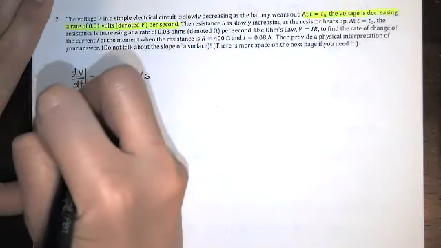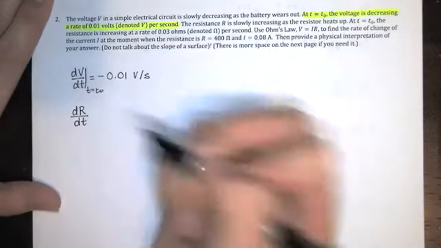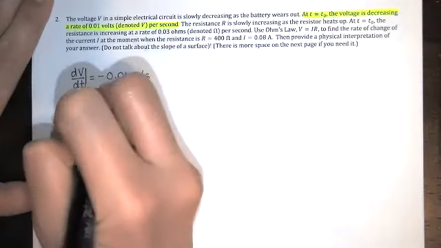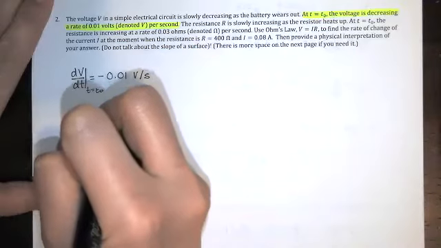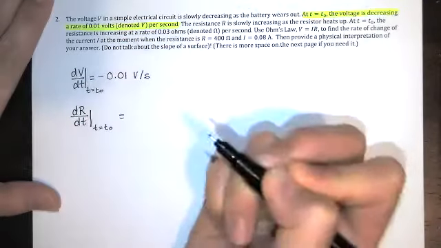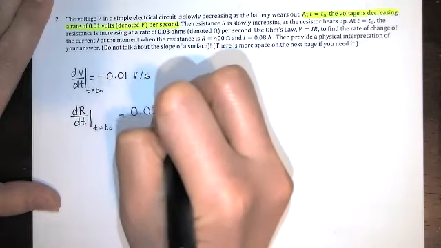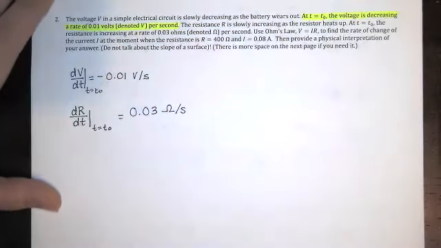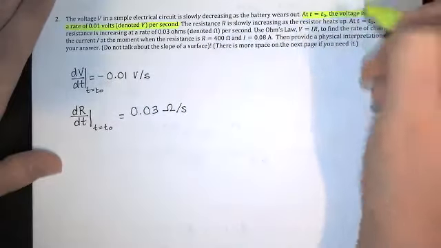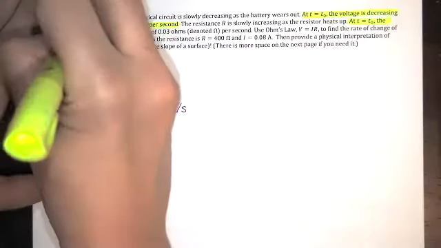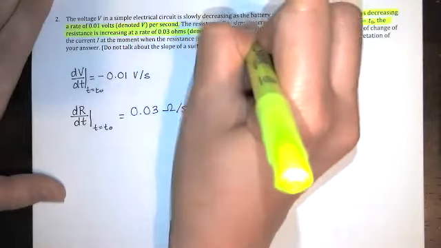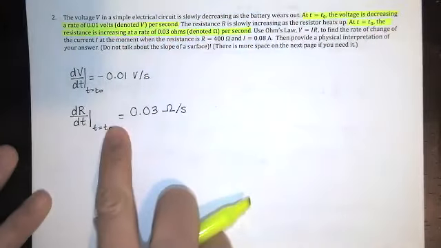So resistance is increasing at this rate, so that's the change in resistance with respect to time. At t equals t0, it's given to be positive 0.03 ohms per second. I'm just taking this sentence here and translating it into that fact.